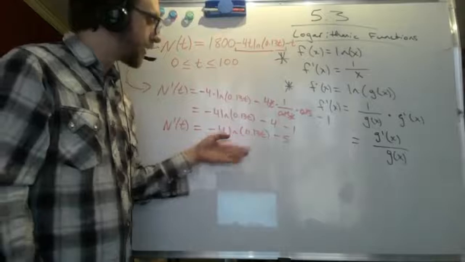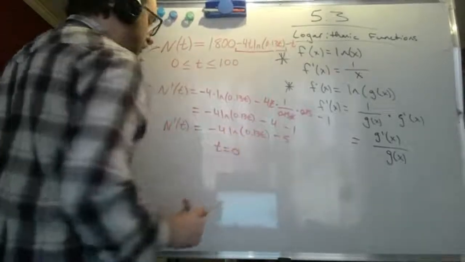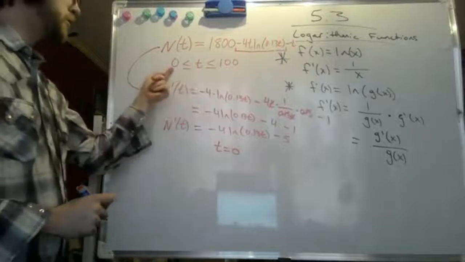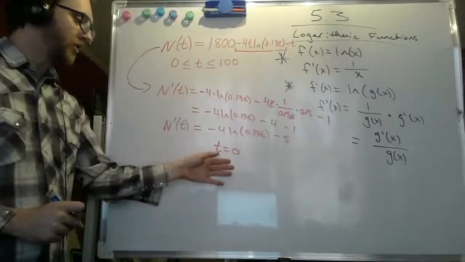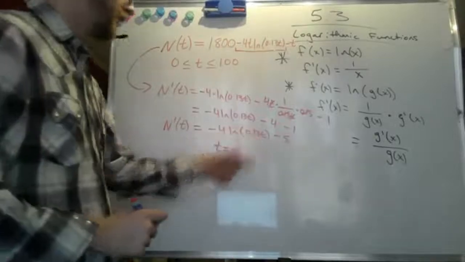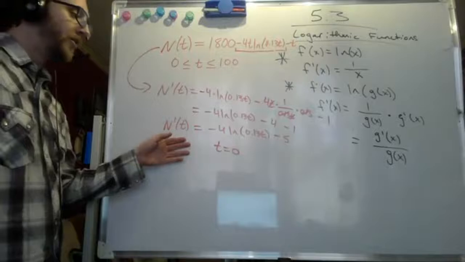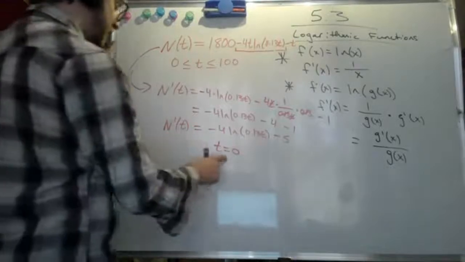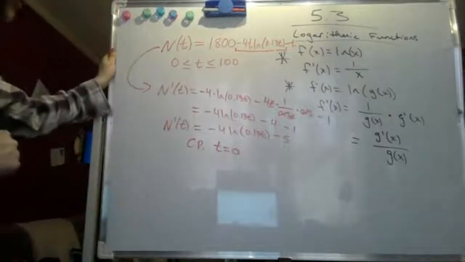So in this case, if we plug in t equals 0, and notice we can do that because 0 is included in the bound here, then we're going to have the natural log of 0, which is negative infinity. The derivative is undefined there. So this is one critical point.